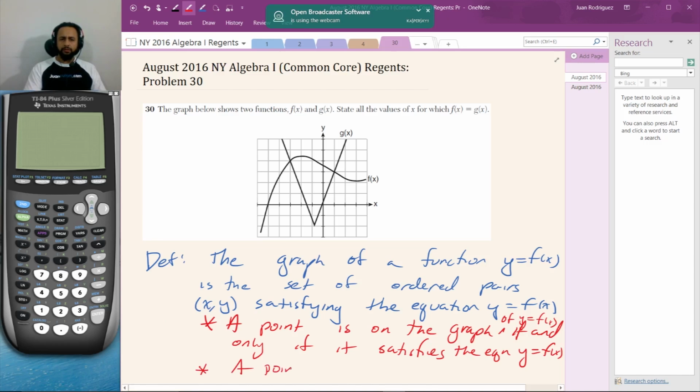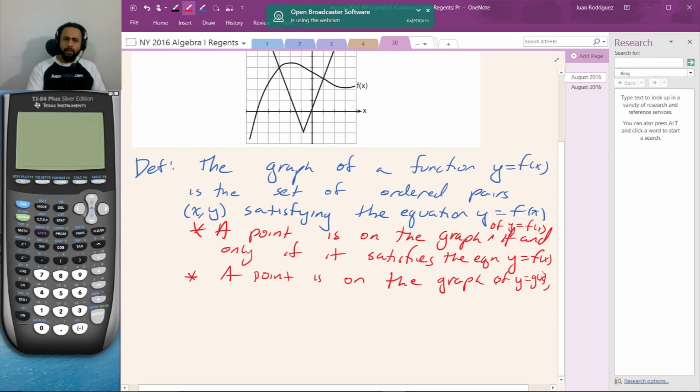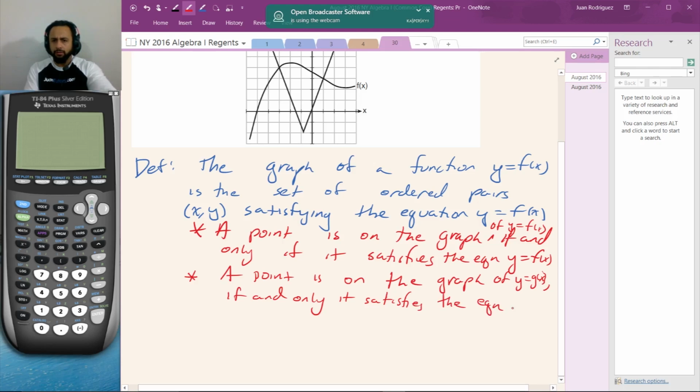A point is on the graph of y equals g of x if and only if it satisfies the equation y equals g of x. It's like, wow, I just repeated myself.